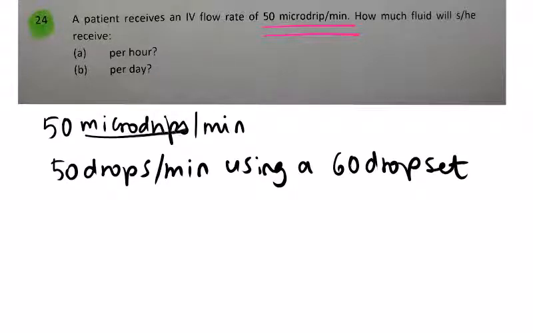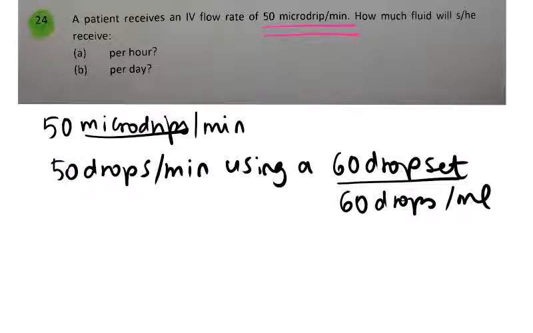So a micro drip is delivered by a 60 drop set, which we can break down as 60 drops per mil. Each 1 mil contains 60 drops, or each 1 mil has been divided into 60 drops.